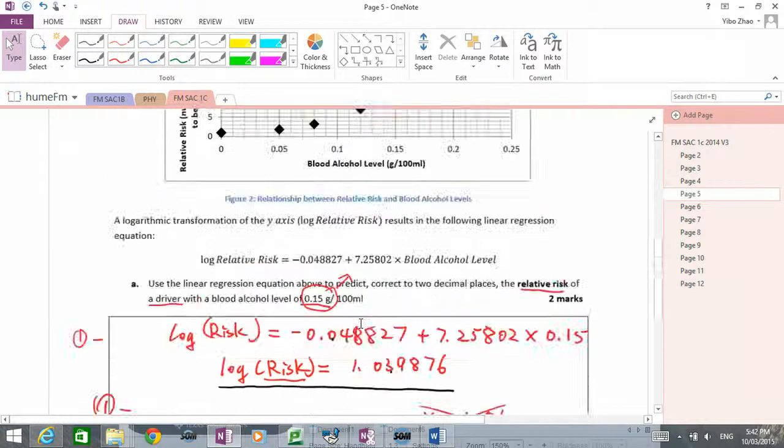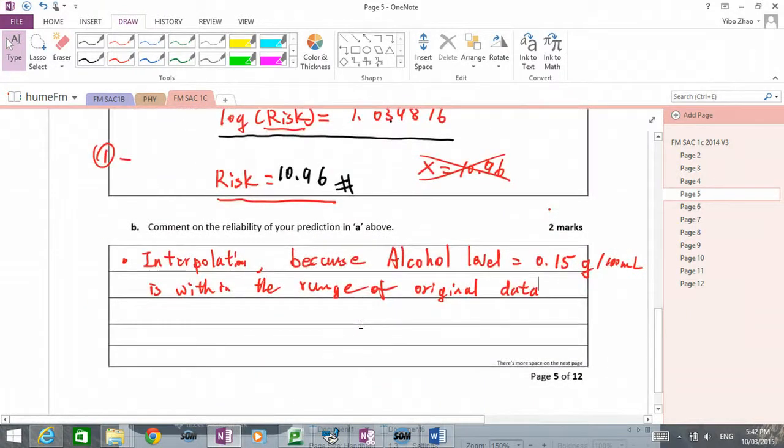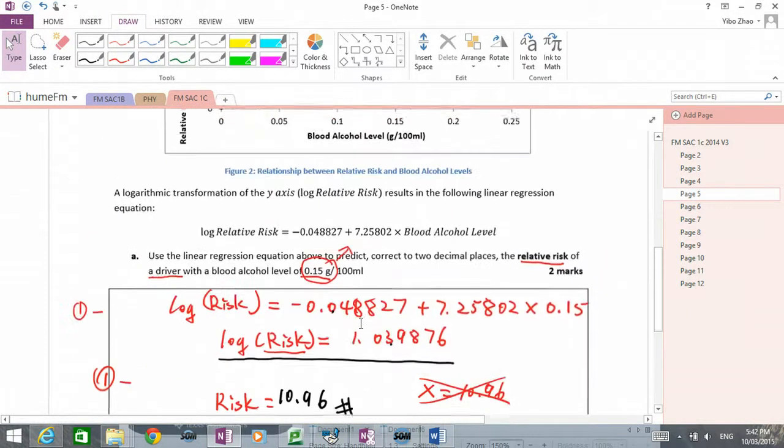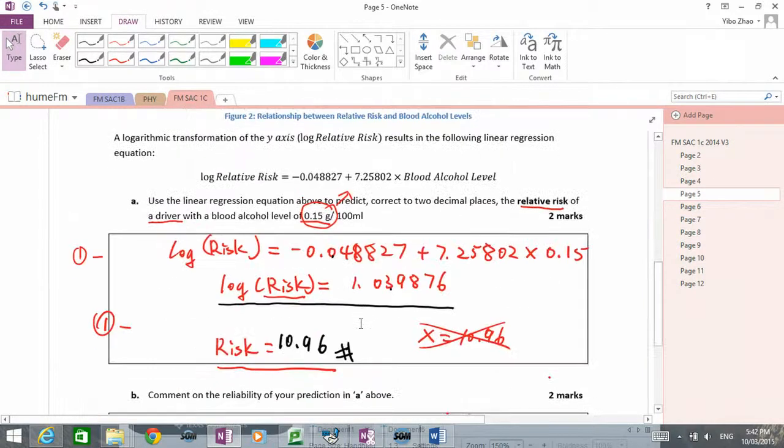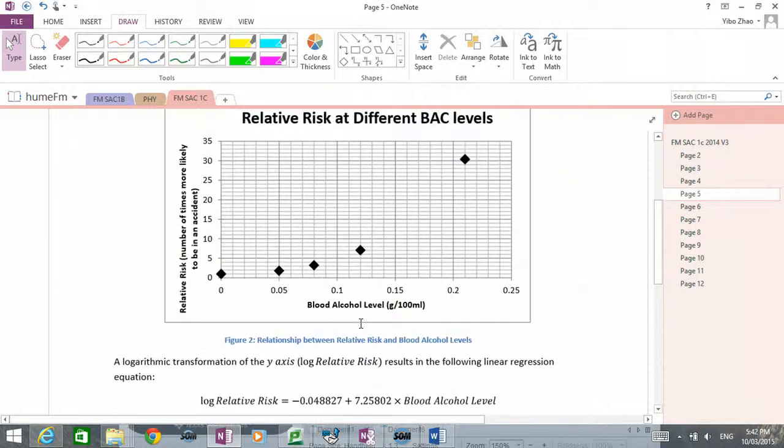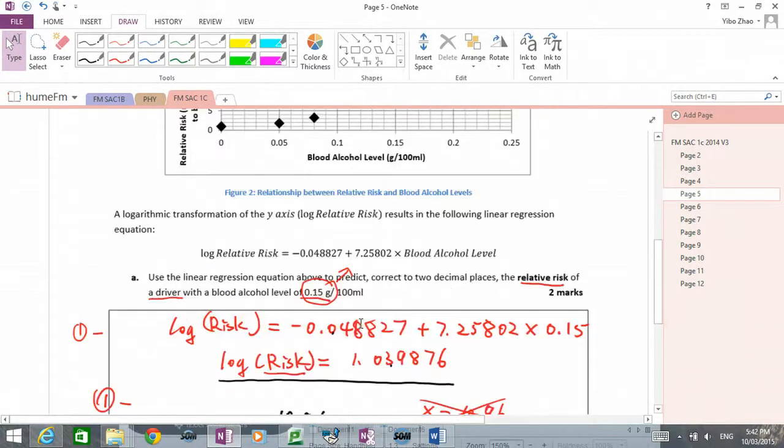And then when it's interpolation, we need to find the R value.